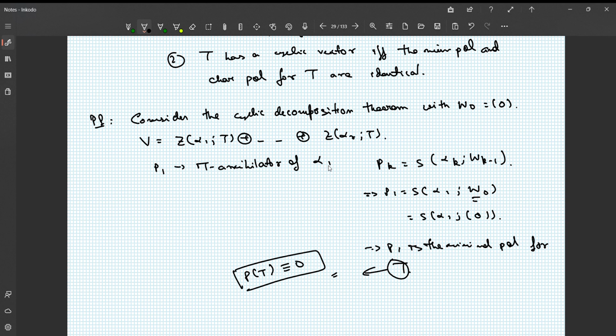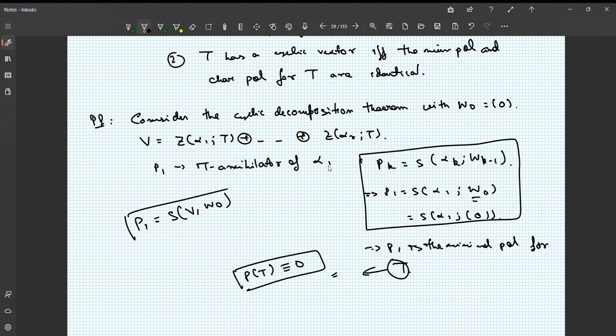One more definition we had of these Pks was that they were the T conductor of the whole V into W naught. Recall the definition we used while trying to prove the uniqueness, in the proof of step 4: there we showed that P1 was actually the T conductor of V into W naught, right?